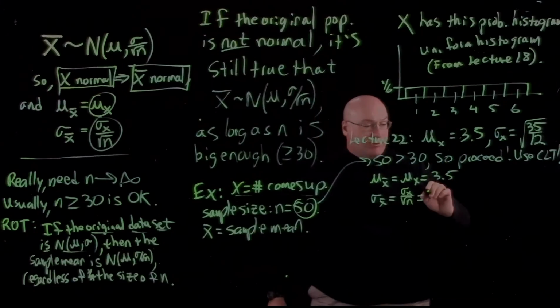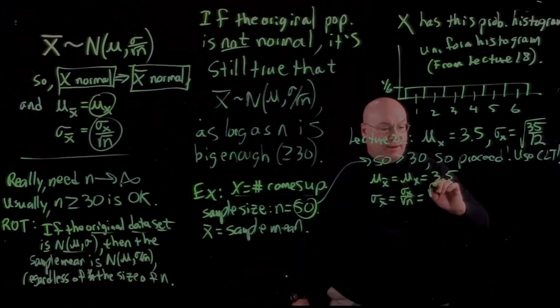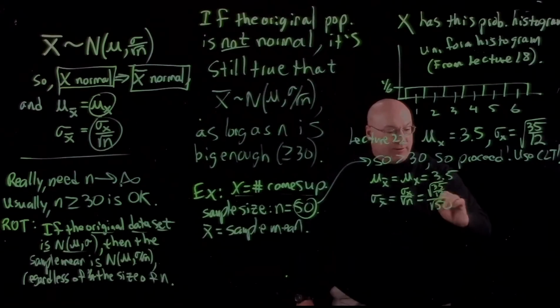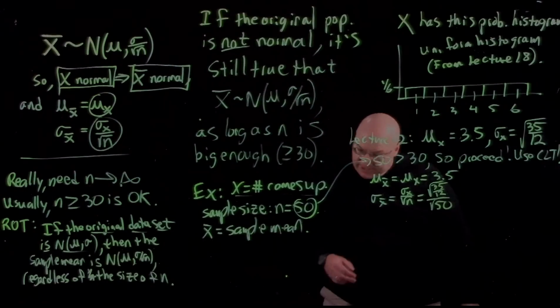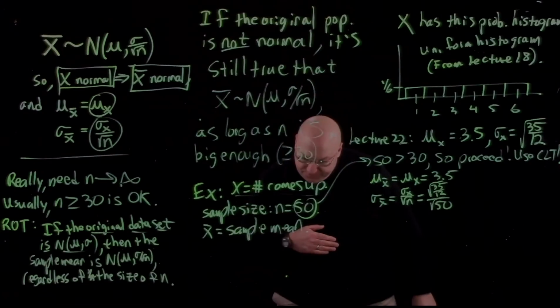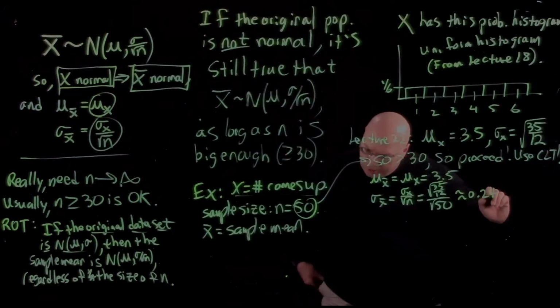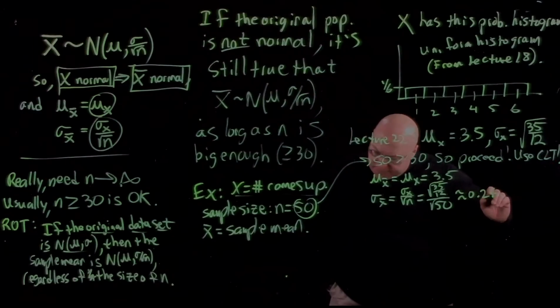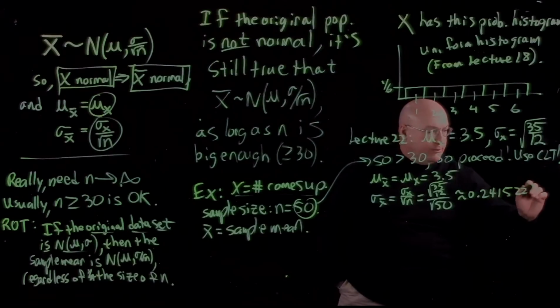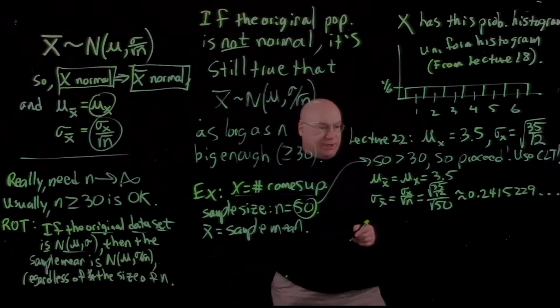So it's the square root of 35 twelfths over the square root of 50, and that works out to be 0.2415229, etc. Lots of digits we can put on that.